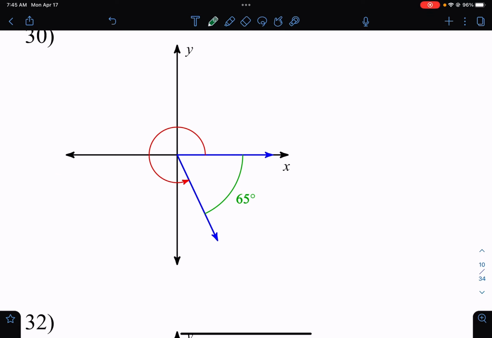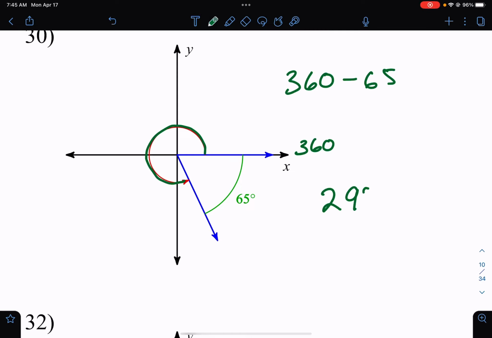We went in the positive direction, and we are 65 away from 360. So we can do 360 minus 65, and we get 295 degrees.